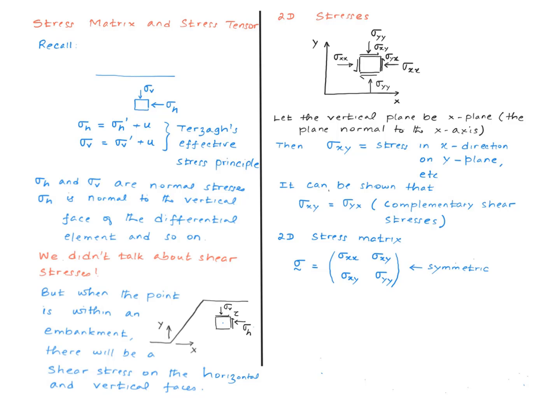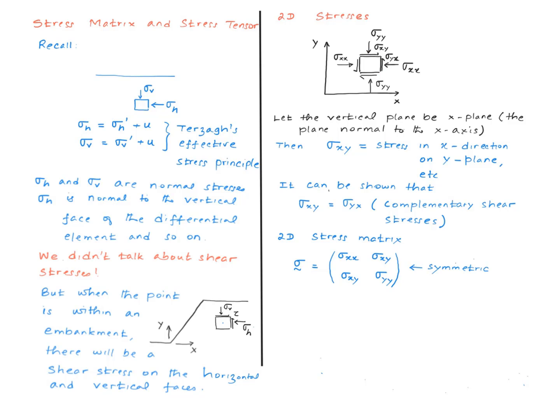We are talking about more than one component of the stress at that point. So what I have done here is I have defined a two-dimensional differential element with respect to the two-dimensional Cartesian coordinate system xy and marked the stresses on its faces. So we have normal stresses and shear stresses. Just for the sake of this discussion, I'm going to call these planes as follows.